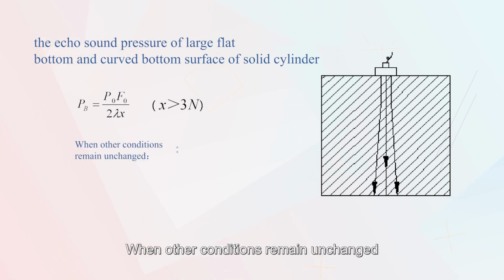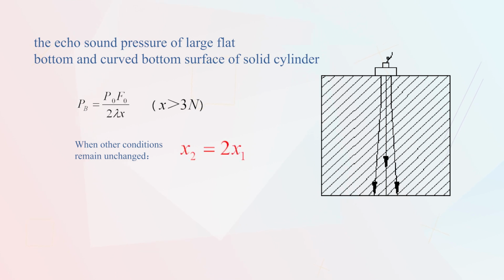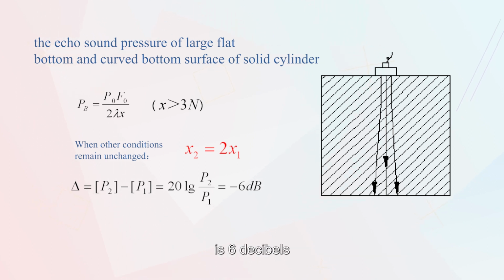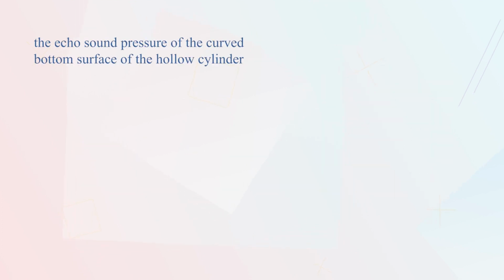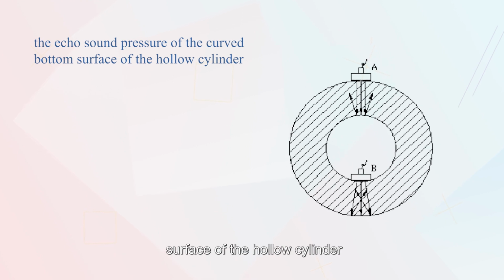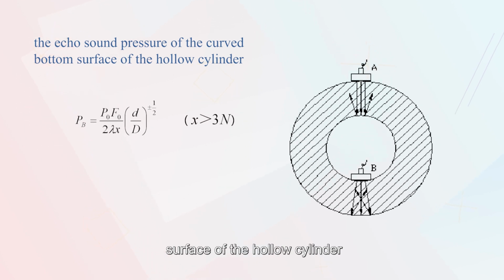When other conditions remain unchanged, when their distances are doubled, the decibel difference between the echo sound pressures is 6 decibels.